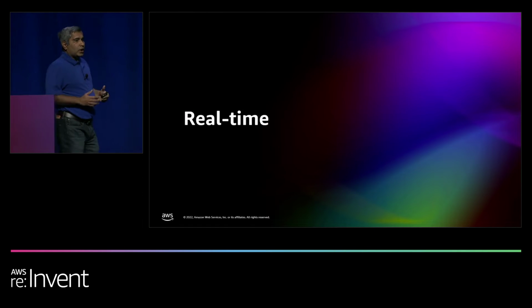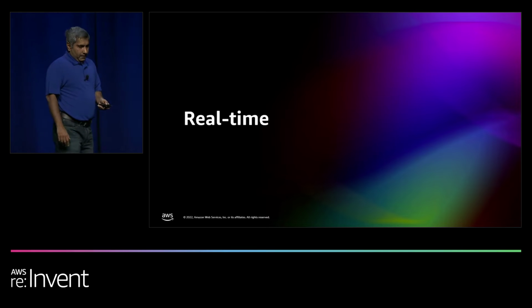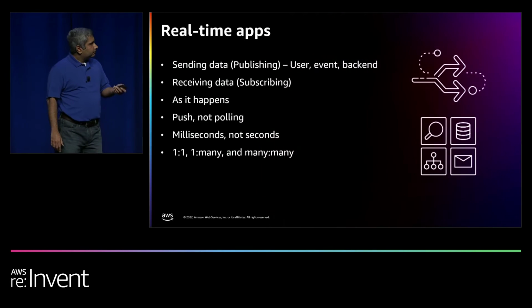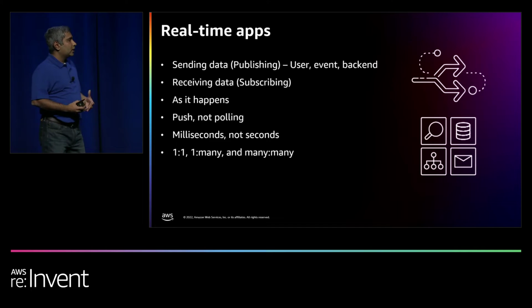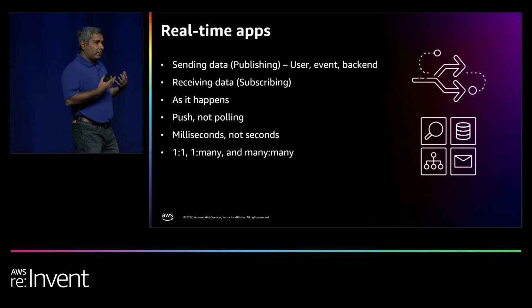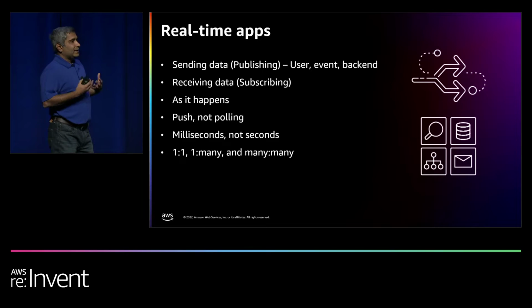Okay, let's now focus on real time. So what exactly is real time? There are two sides of the coin. One is publishing the data. Somebody like a user or an event or a backend publishes the data, and somebody is receiving the data, like a subscriber or a client application.